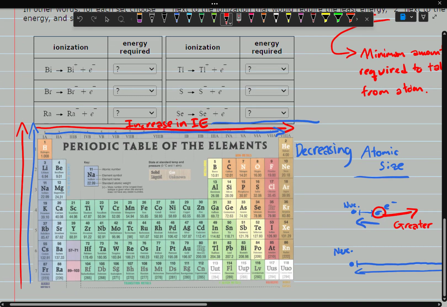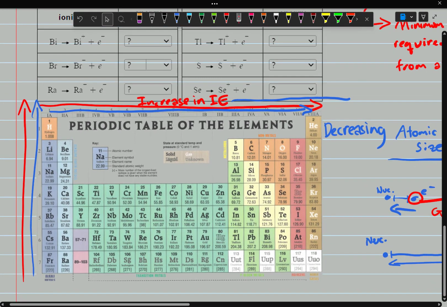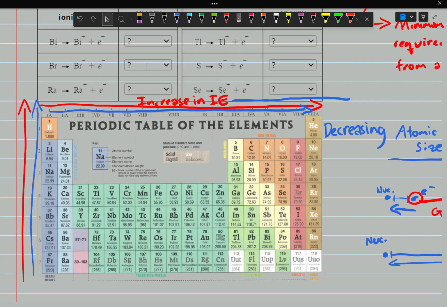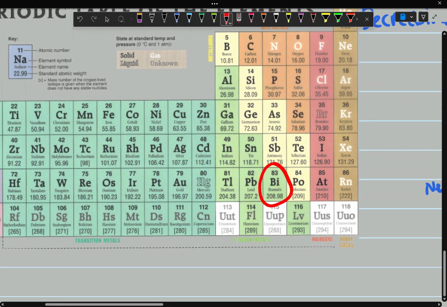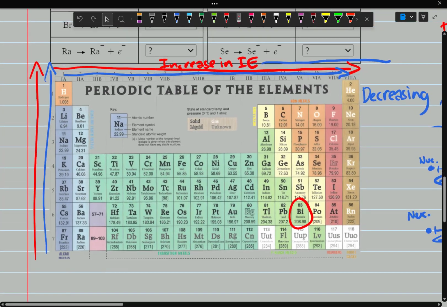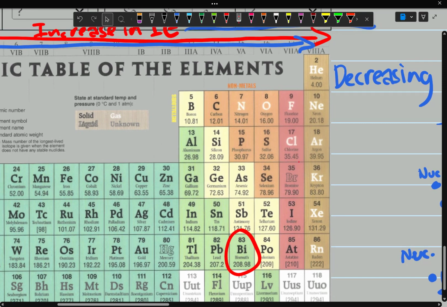for this first table, we've got this Bi element, which is bismuth, and that is right here. We have Br, which is bromine, and that's right here.